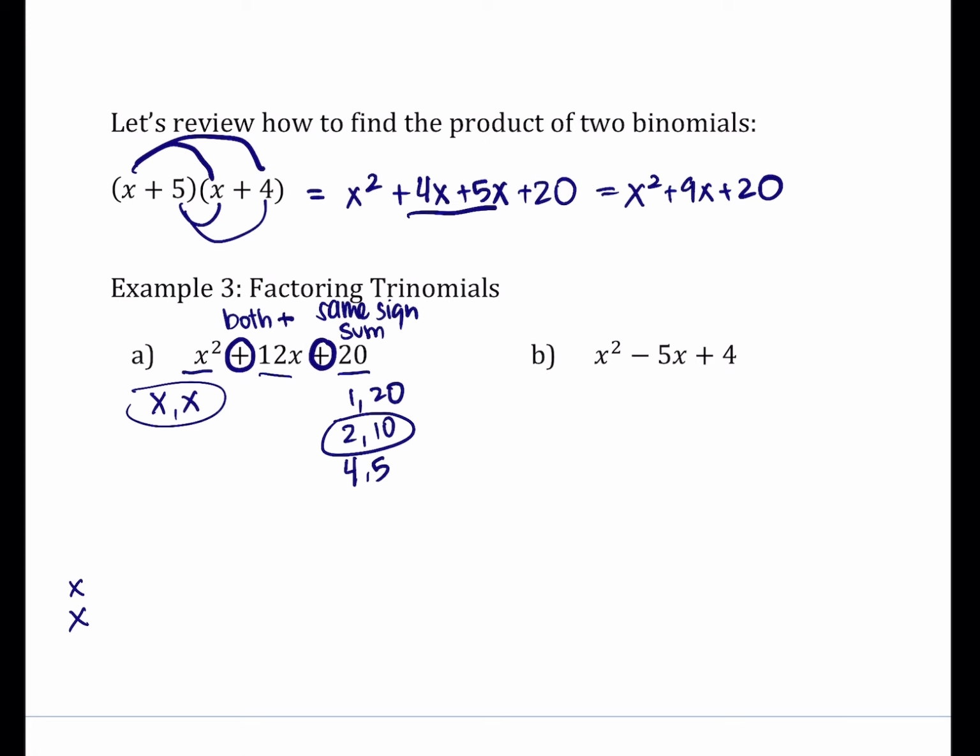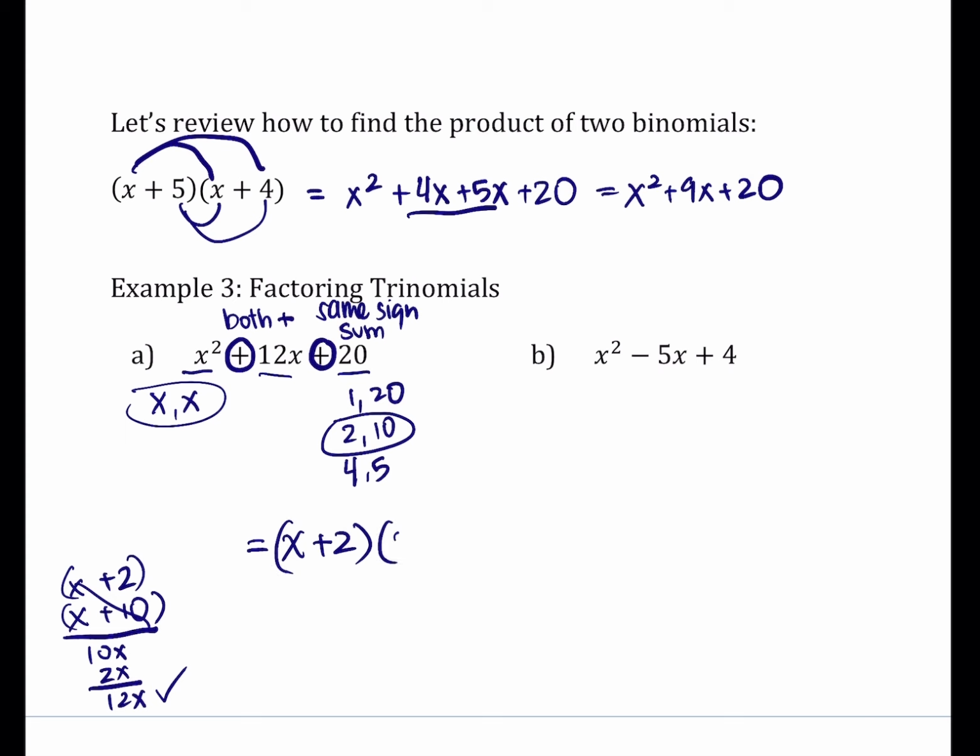The way I'll check my answer is x times 10 becomes 10x, x times 2 becomes 2x. Adding these together, 12x. If this is the same as your middle term, then your factorization is correct. So we're actually going to have x plus 2 times x plus 10.